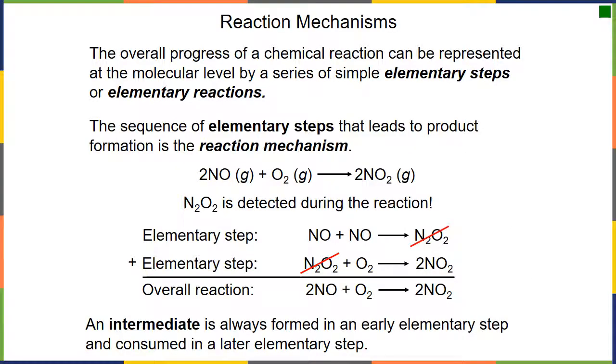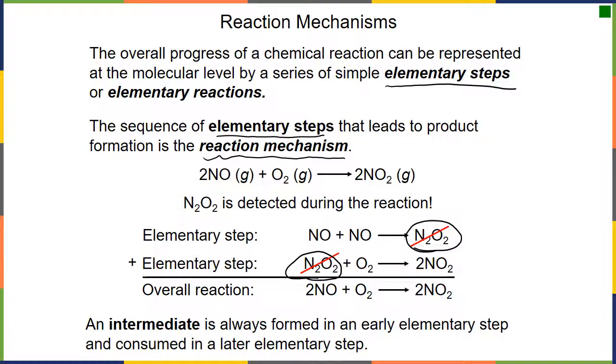So first of all, you're going to be given a series of elementary steps or elementary reactions. Now, the elementary steps are going to lead to the product. And we're going to call this set of elementary steps the reaction mechanism. Now, frequently in these elementary steps, we're going to make something and then use it up, something that might be in a transition state.